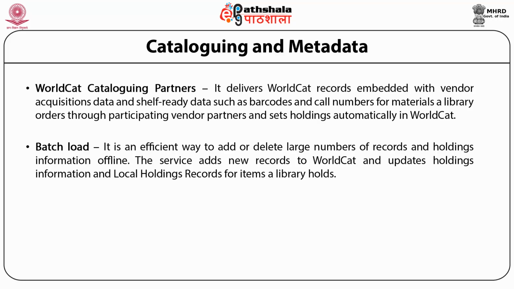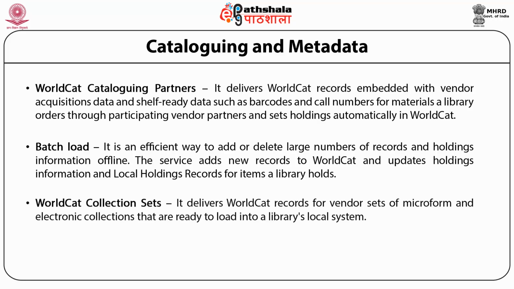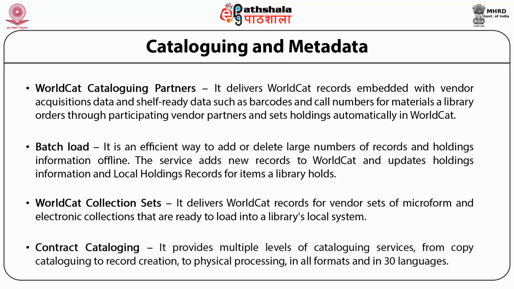Coming to the last two functions, WorldCat Collection Sets is an important function of this particular area. It delivers WorldCat records for bundled sets of microform and electronic collections that are ready to load into a library's local system. Now, last in this area is contract cataloging.